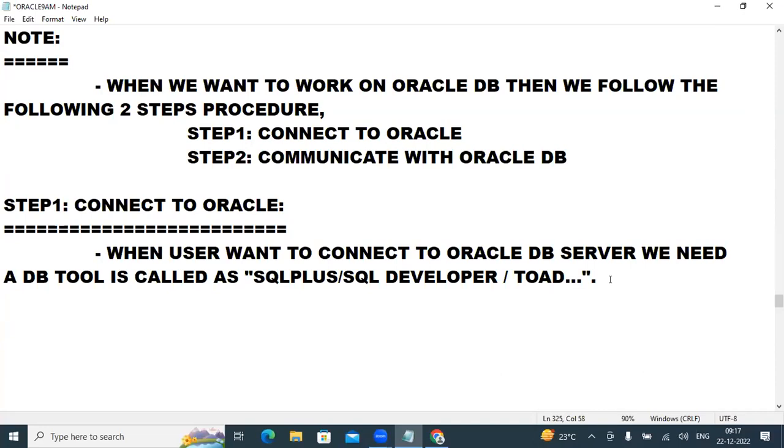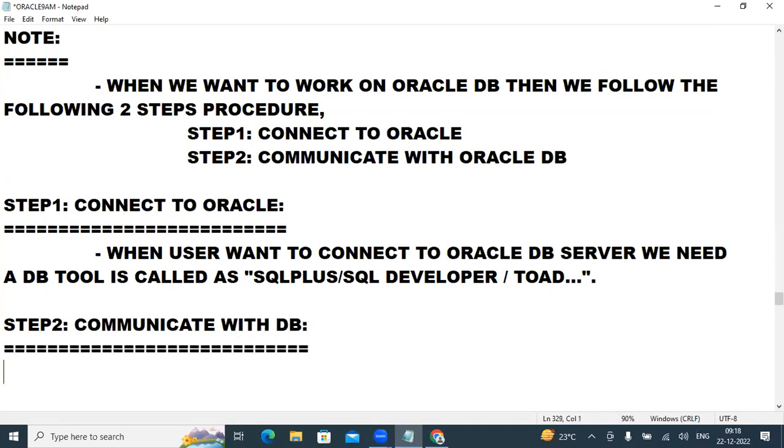After connectivity is successfully done, what is the second step here? Communication. Now I need to communicate with the database. Definitely we require some language now.